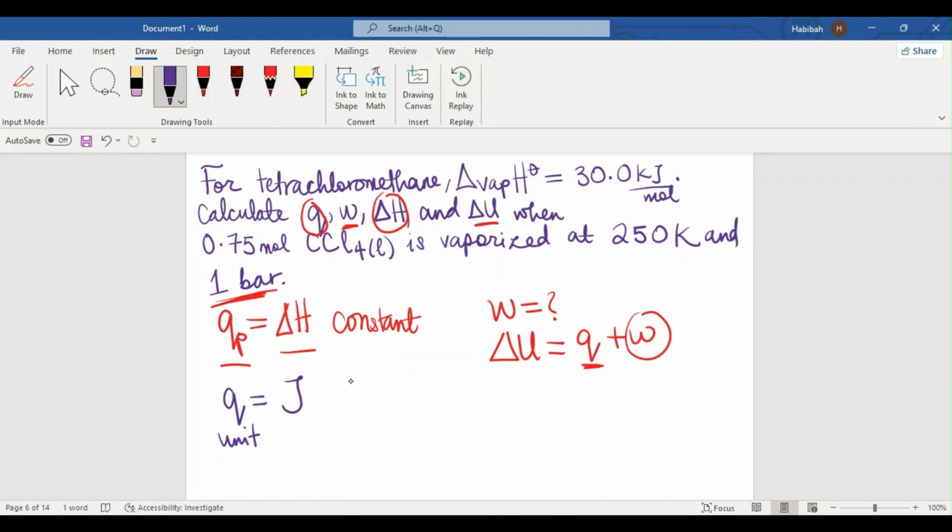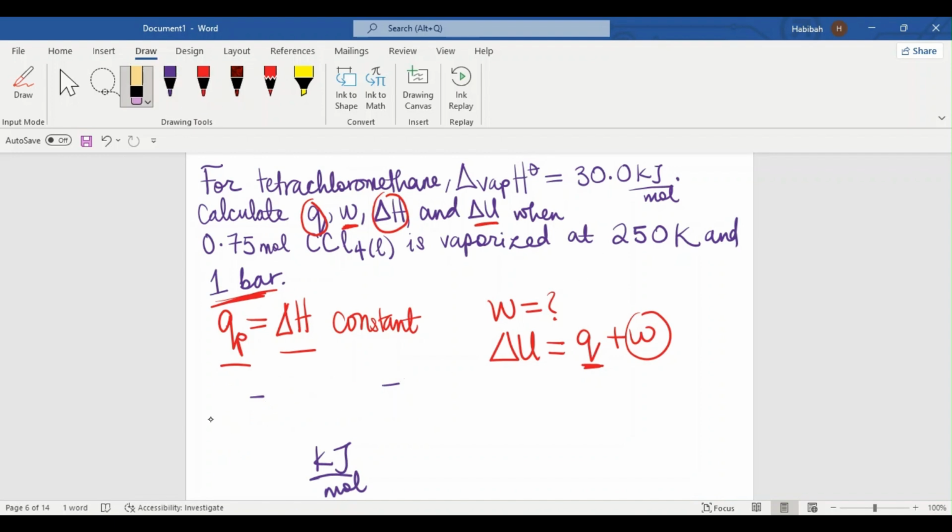The unit for change in enthalpy is also joules, just joules. And this particular change in enthalpy for vaporization is in kilojoule per mole. So what this is telling you is that enthalpy is simply the change in enthalpy of vaporization times the number of moles.